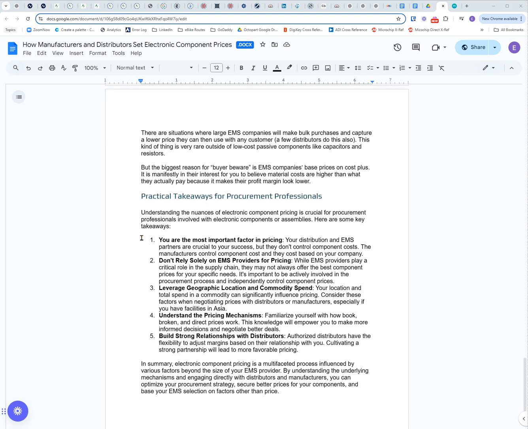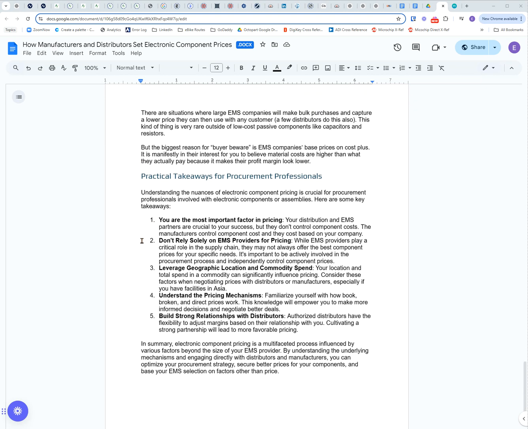So the practical takeaways. Let's boil this down to 5 key takeaways. The first is to really understand you are the most important factor in pricing. Your distribution partners, your EMS partners are crucial to your success, but they're not the main thing in your component pricing. You are the main thing.